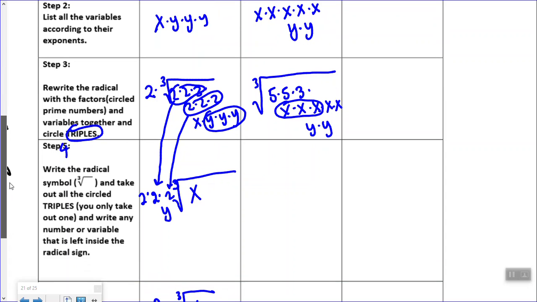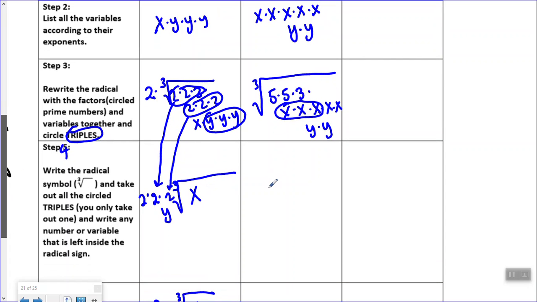And next step, you're going to take out the triple. So write the cube root. And this x comes out. Again, when it comes out, you take just 1. So the triple, you take out 1. And 5 times 5 times 3 and x times y times y stay inside.